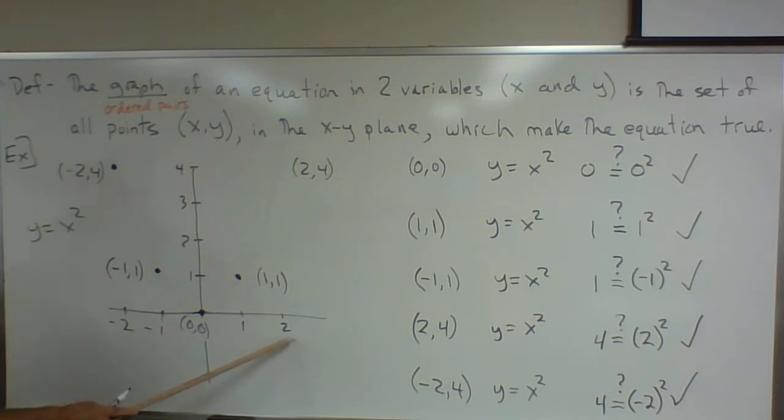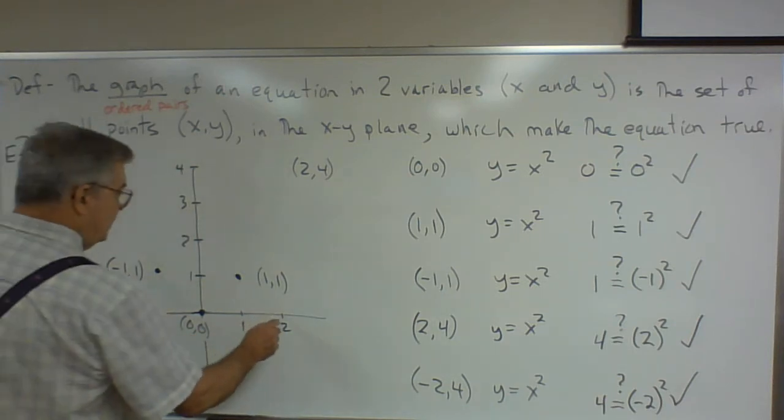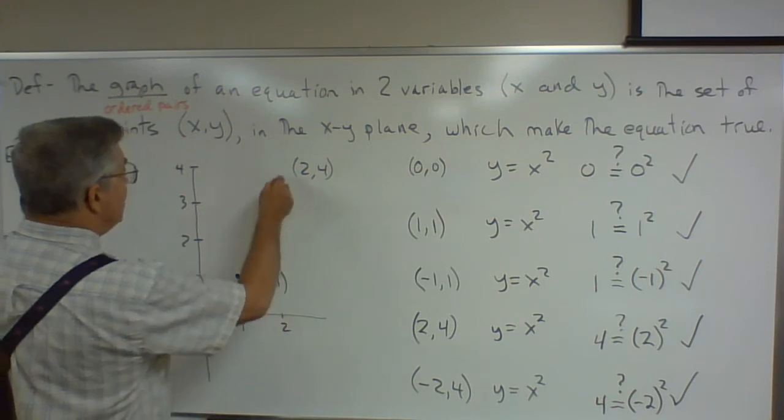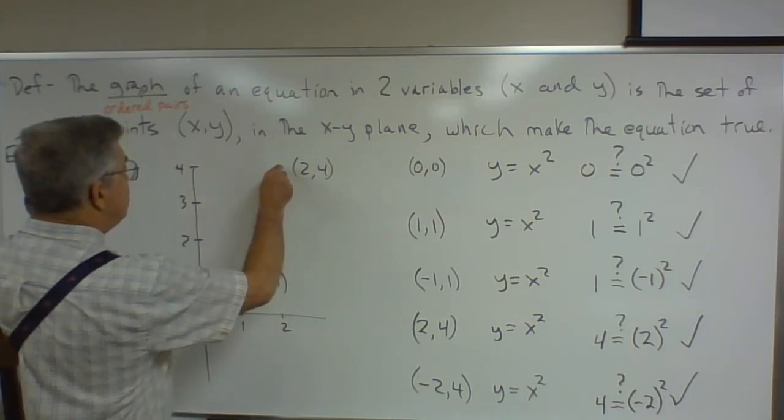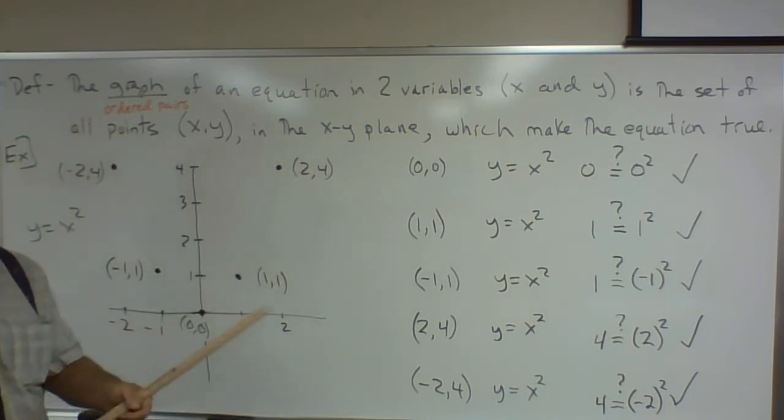And then I took one more x value, x equal 2. I put 2 in for x and squared it and got 4. And that told me that when x equals 2, x squared equals 4, but y equals x squared, so that means y is 4. So I took x equal 2, y equal 4, and I wrote that point on the graph.